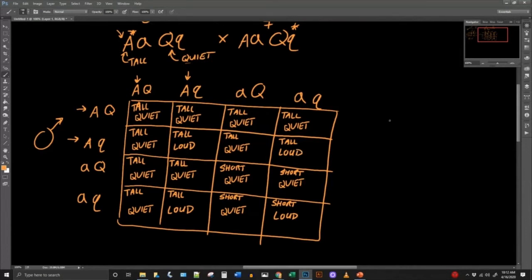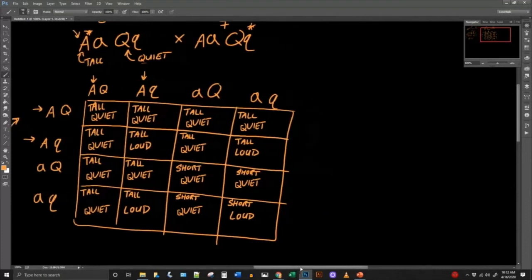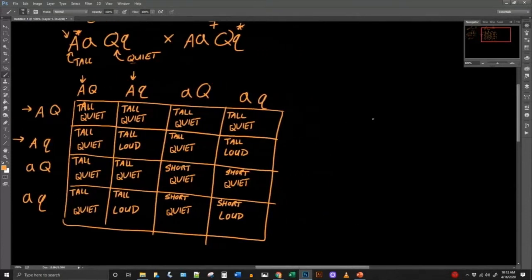Well, if we were counting up all possible phenotypic combinations, right? Tall plus quiet. How many of those do we have? 1, 2, 3, 4, 5, 6, 7, 8.